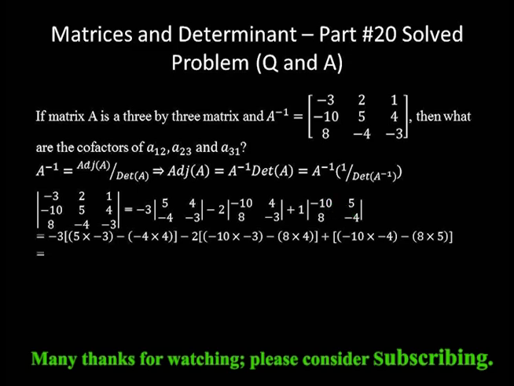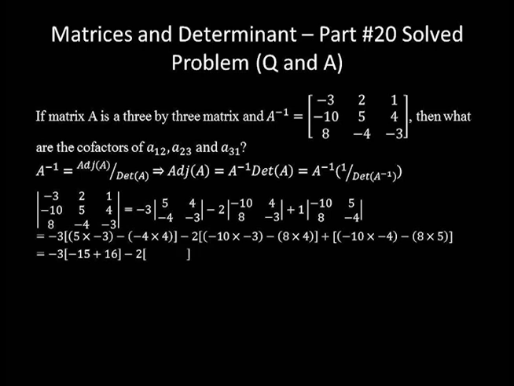Negative 3 times 5 is negative 15. Negative 4 times 4 is negative 16. Minus negative 16 means plus 16. Minus 2 times negative 10 times negative 3 is 30. Minus 8 times 4 is 32. Plus negative 10 times negative 4 is positive 40, minus 8 times 5 is also 40.